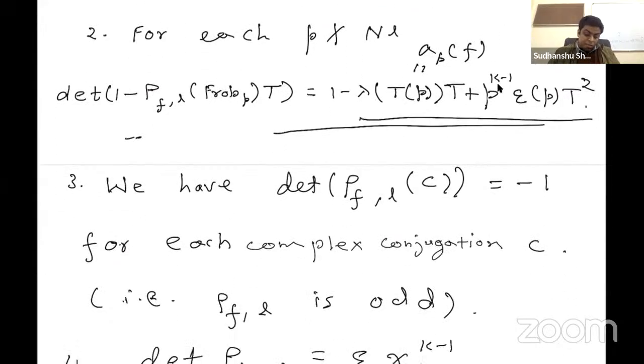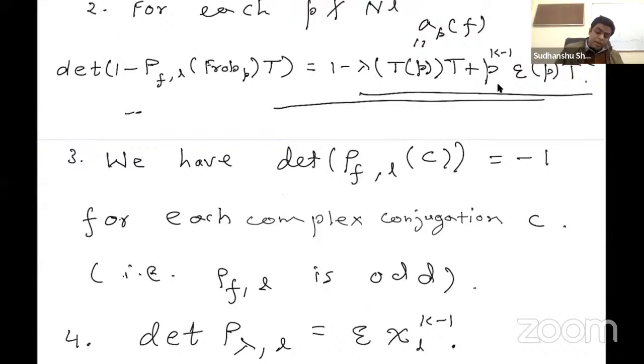Now its determinant. If I look at the determinant of this representation rho_{F,L} and evaluate it at a complex conjugation, using the embedding of Q-bar inside C, from there we get a complex conjugation on Q-bar. If I evaluate this determinant of rho_{F,L} at that element of the Galois group, its value is -1.